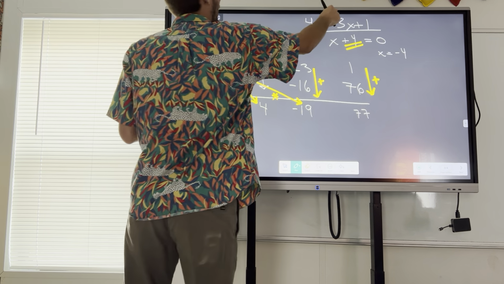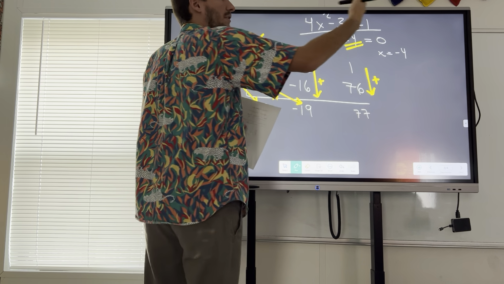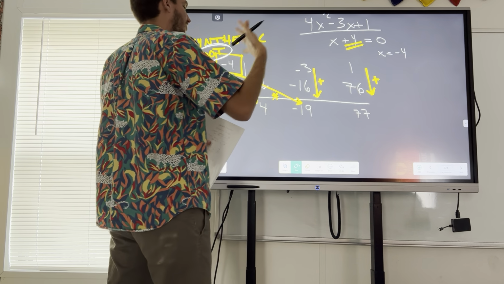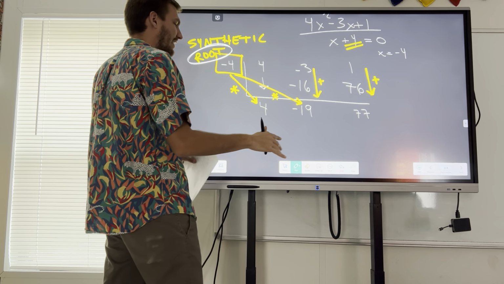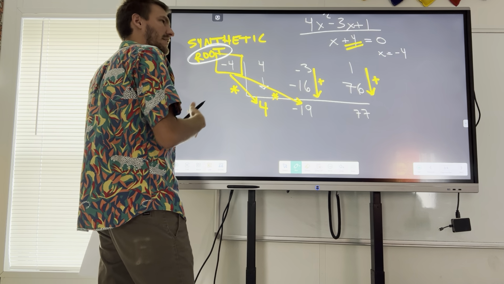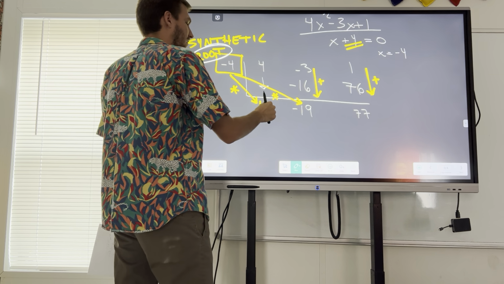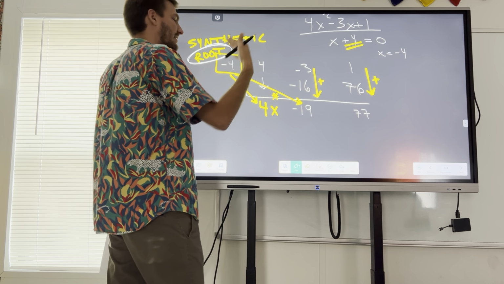We started with x squared, and we divided by an x, so we lost that x. So I used to be x squared, but I lost one of my x's. Now this 4, my leading coefficient, isn't a 4x squared anymore. It's just a 4x, and everything is downgraded by 1.